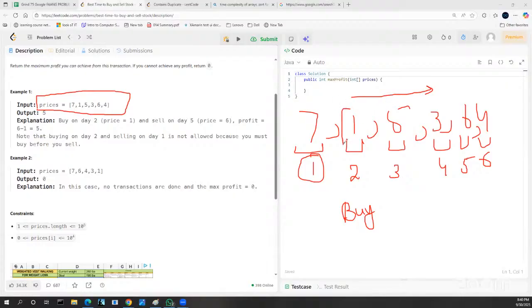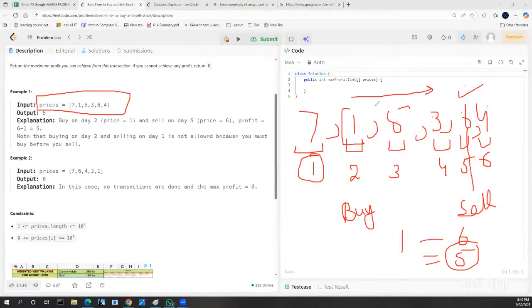So after 1, what's the highest number? 5, 3, 6, or 4? 6, of course. So this is my best time to sell, because if I subtract 1 from 6, it gives me the maximum profit, which is 5.